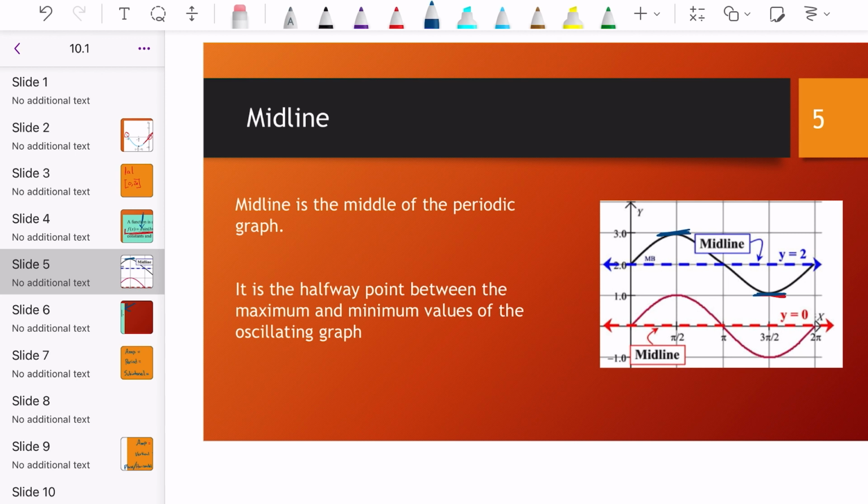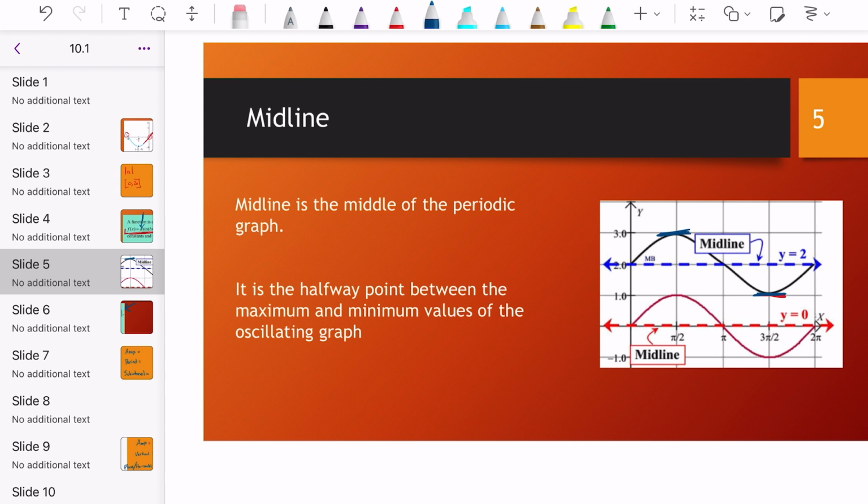Notice if we were to add 3 and 1, divide by 2, we would get that midline. So the midline is the middle of a periodic graph. Keep in mind, when we are looking at a periodic graph, we are only looking at where it begins and the cycle ends. So in this example, we are only looking at one specific period, and that goes from 0 up to 2 pi.